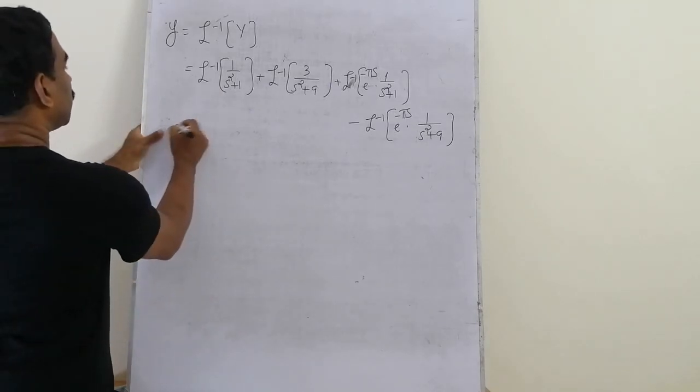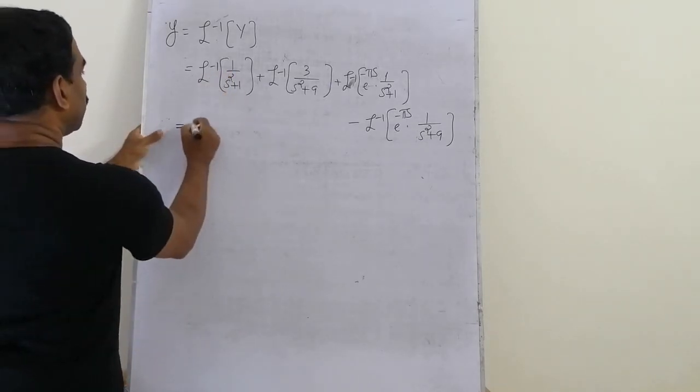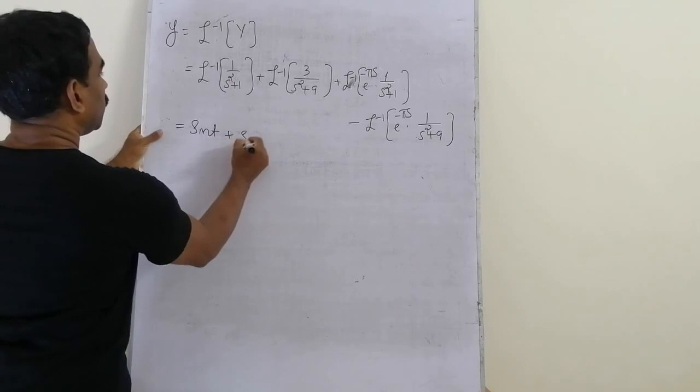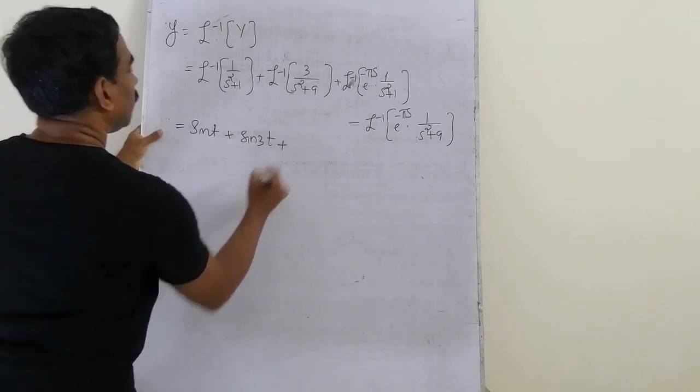Using the inverse Laplace transform results, L inverse of 1 by s square plus 1 is sin t, and this is sin 3t.